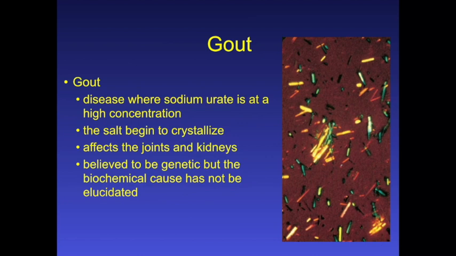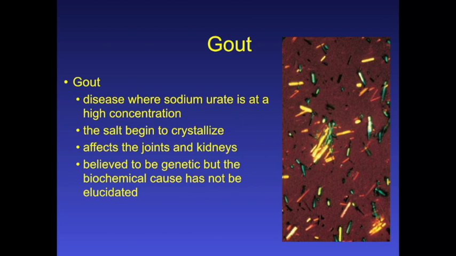But the pain is so much that many of the patients can't even walk. It's that bad. These salt crystals also will affect joints and then the kidneys. Kidneys are very susceptible because if the salts are going through those very tiny capillaries, it can really tear up that tissue, and so that's not good.